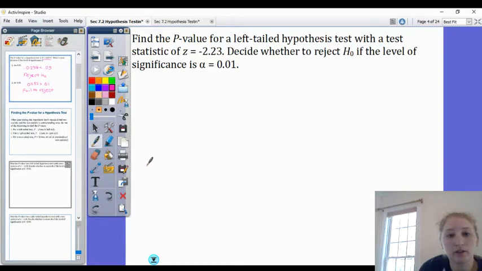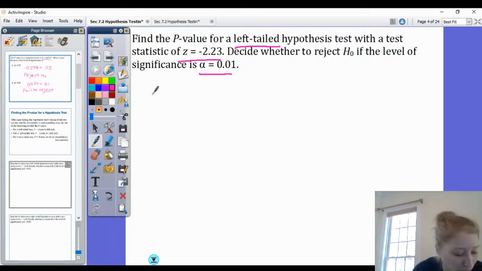So in this example, we are doing a left-tailed test, and our z value is -2.23, and our significance level is 0.01. There are two options for how we can find the corresponding p-value.